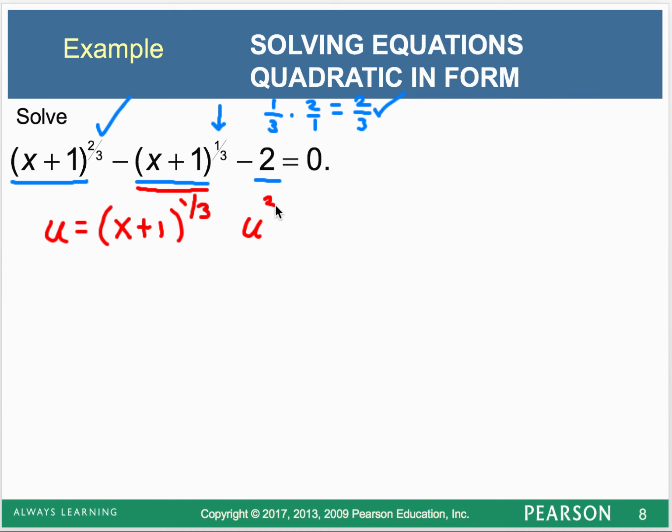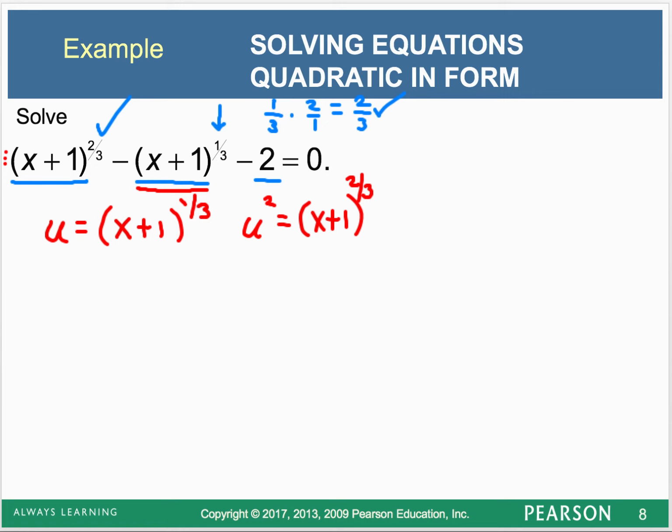So u squared is x plus 1 to the 2/3. Whatever this is u, that'll be u squared. Just the variable part. If there were numbers out here, that doesn't matter. Just the variable part.